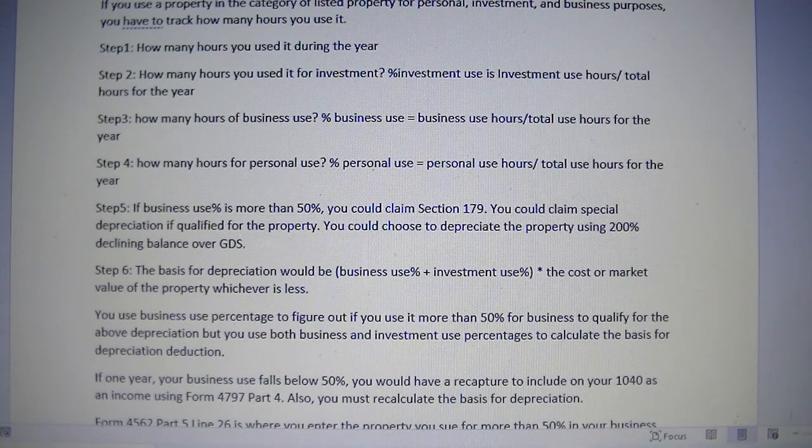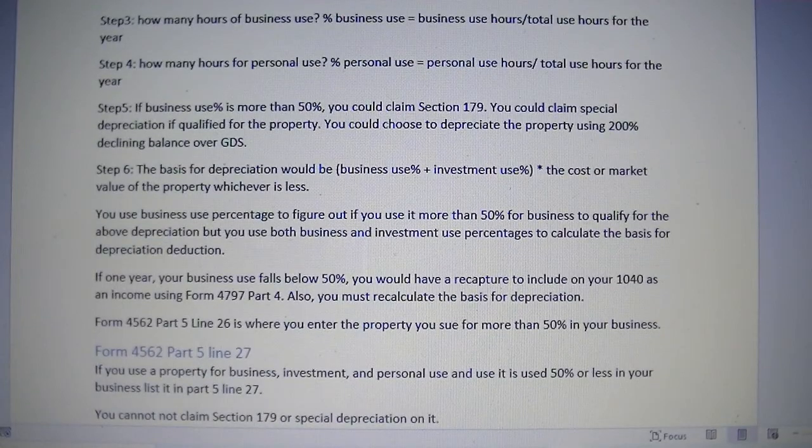Because you keep tracking the number of hours you use it, if one year your business use is 50% or less, you might have to enter a recapture in your income and pay tax on it.